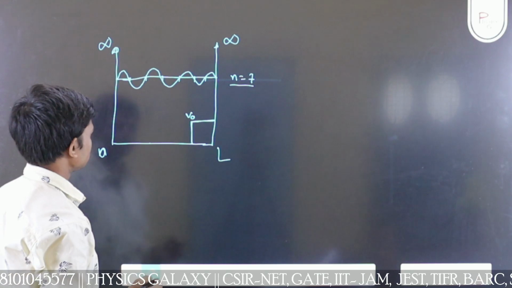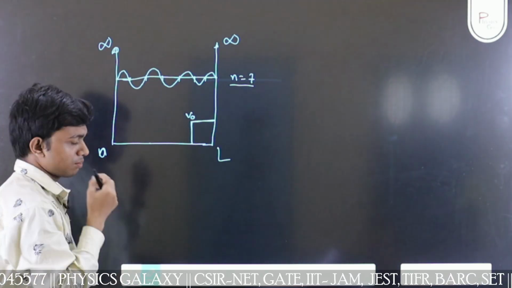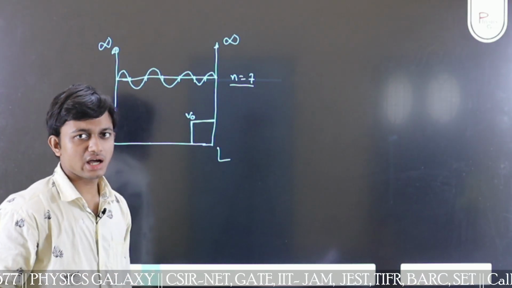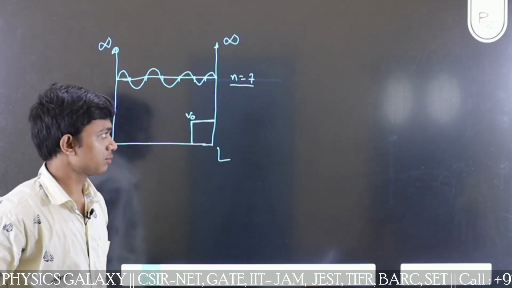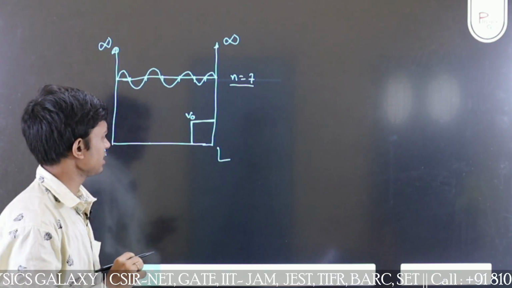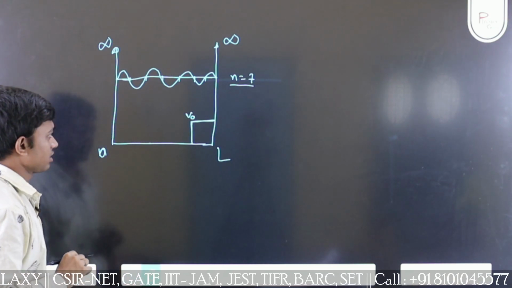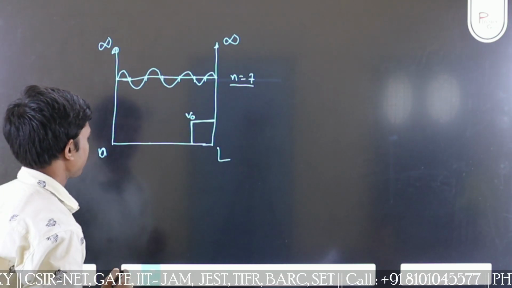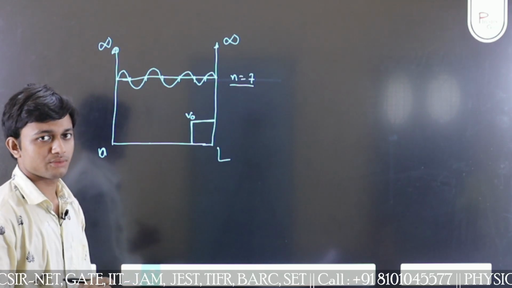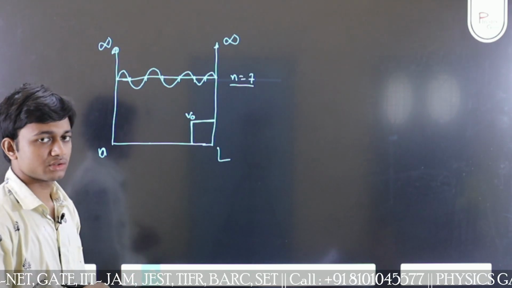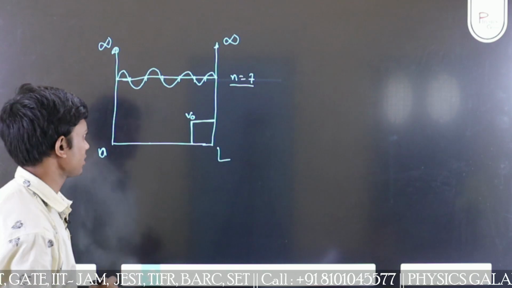Firstly they asked me if there is any effect on the wave function. I said that some effect will occur, and they asked what the effect on the wave function would be.